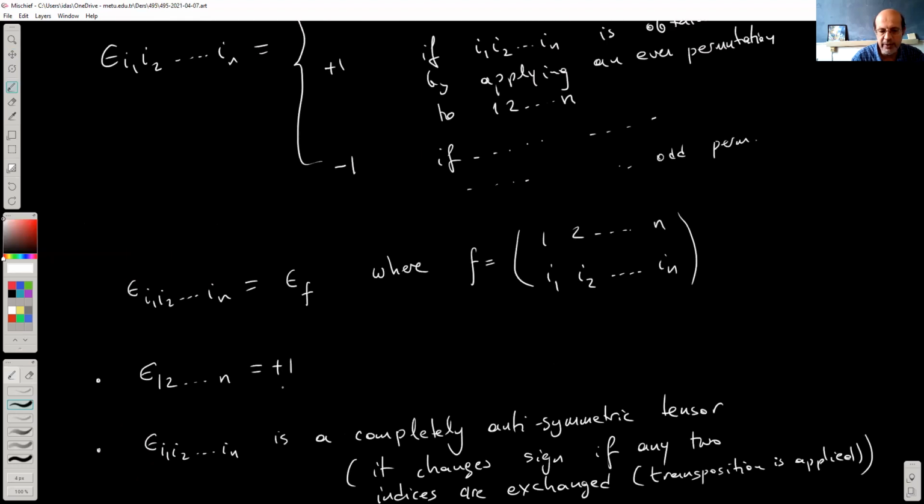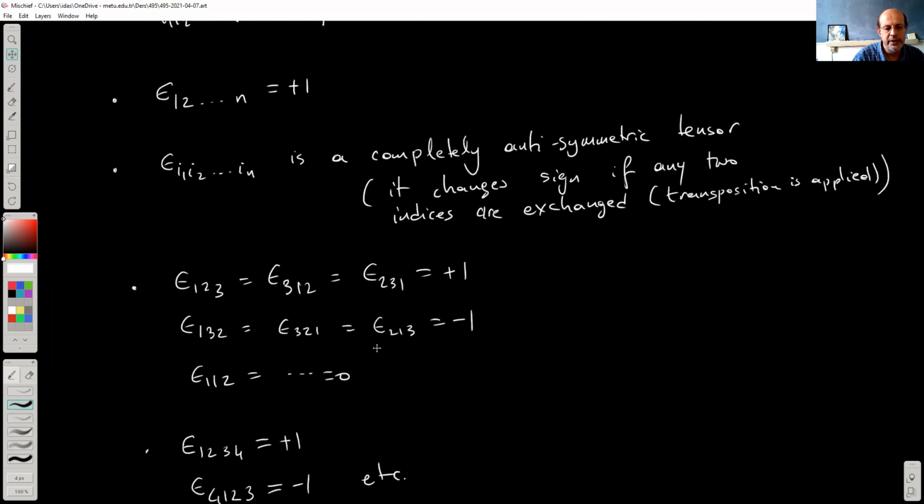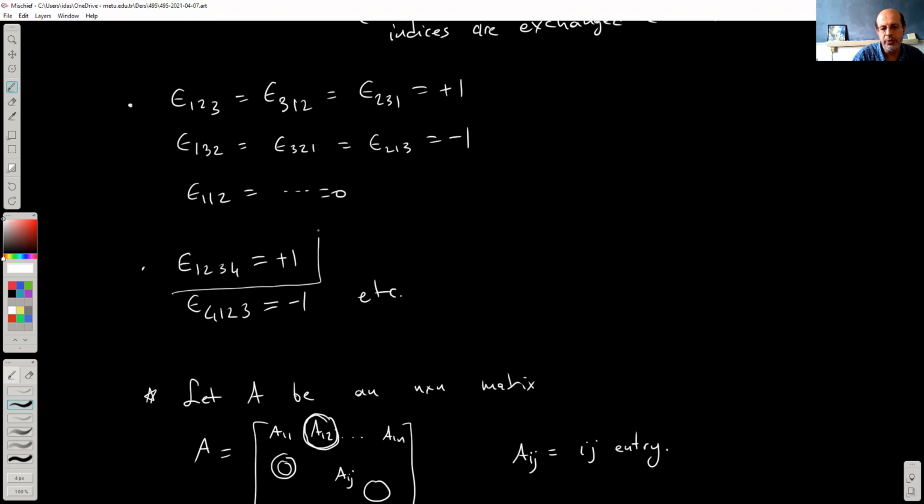I mentioned the Levi-Civita tensor because it's something that we meet frequently in physics. You meet it in 3 dimensions, but also in relativity, you meet these kinds of Levi-Civita tensors with rank 4 basically. So these are frequently used.